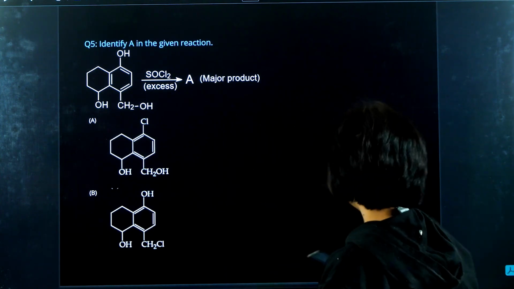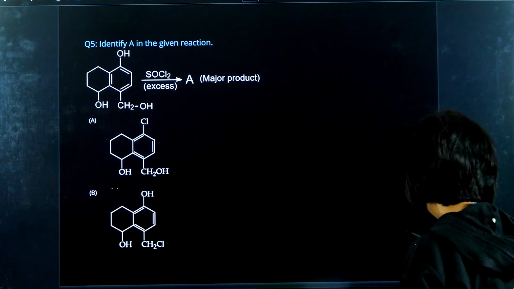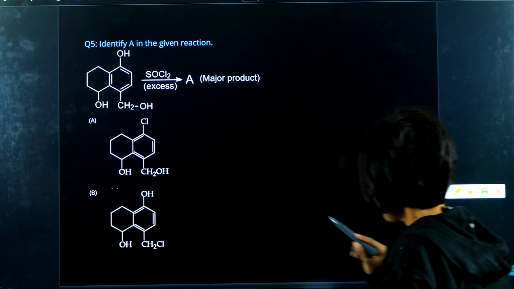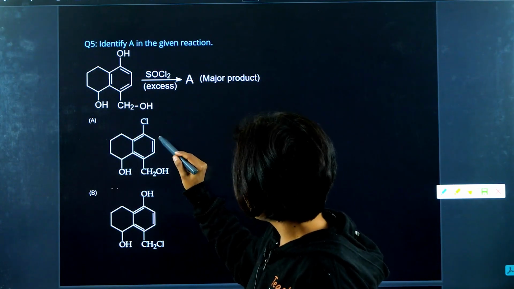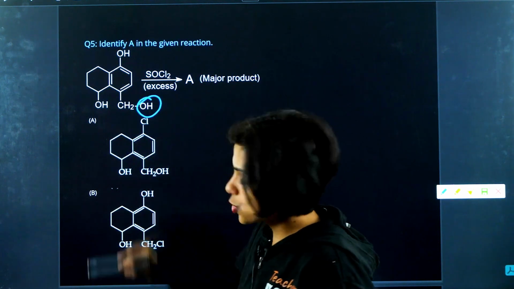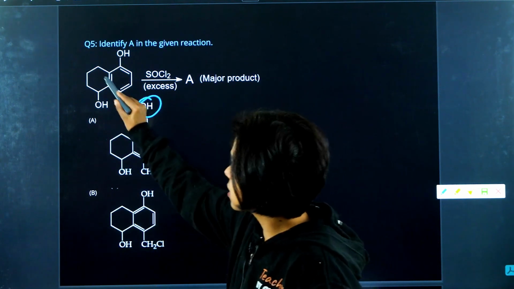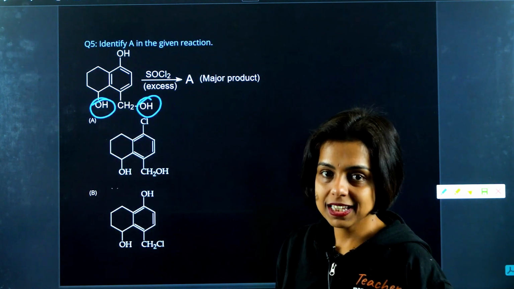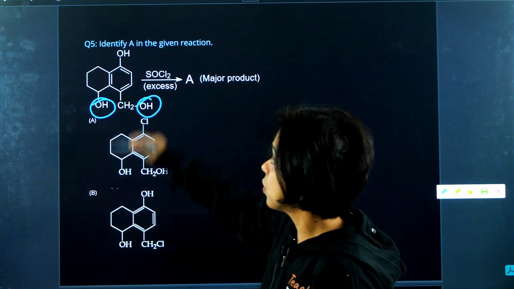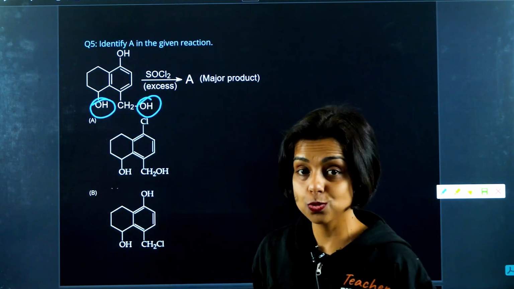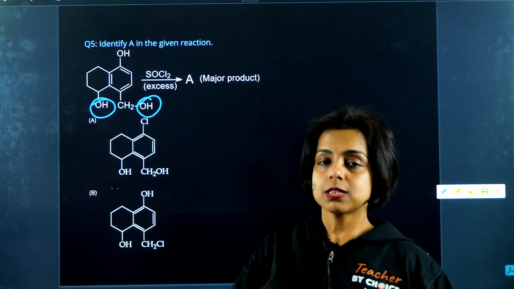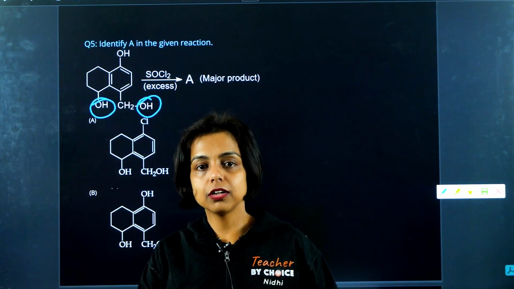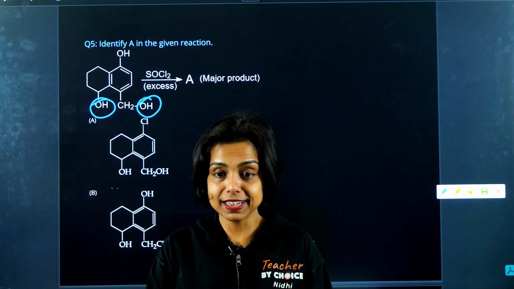So let's check which all can be replaced by Cl. Nucleophilic substitution is happening, so this OH will be replaced. Yes, and this is not a benzene ring, so this will also be replaced. This will not be replaced because it's not easy to show SNAr. Under special different conditions, nucleophilic substitution on benzene happens, right?